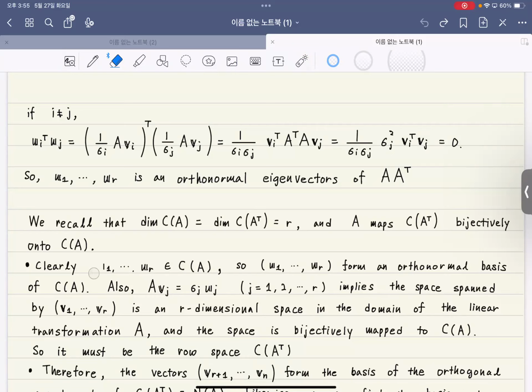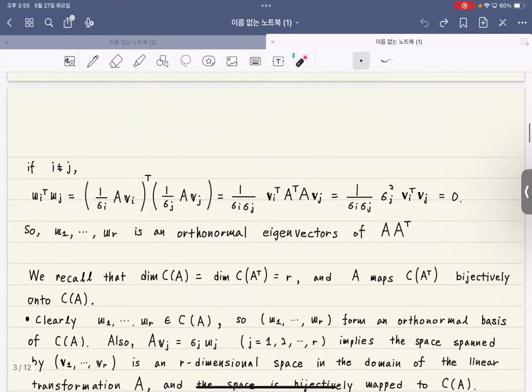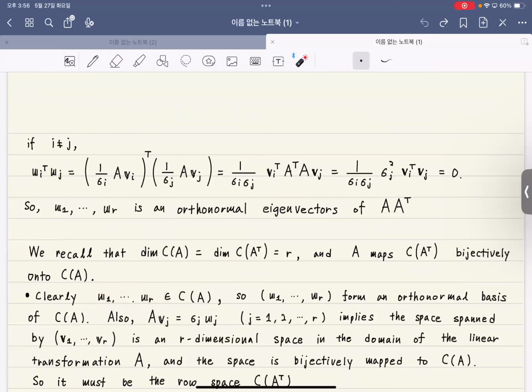And these vectors U1 to UR are the image of 1 over sigma j times Vj under the linear transformation A. So they are in the column space of A. We know the column space is an R-dimensional vector space, and we happen to have R many linearly independent vectors that live in C(A).